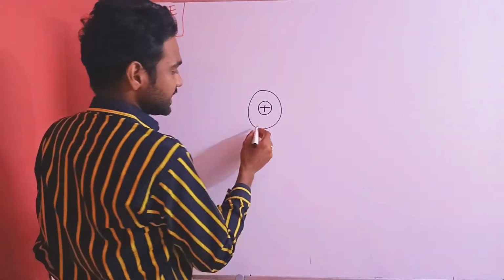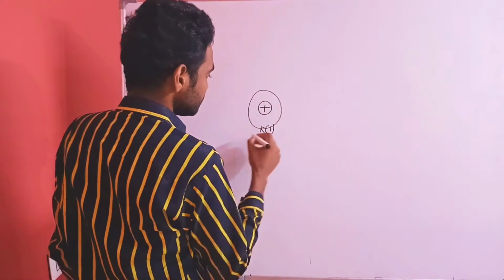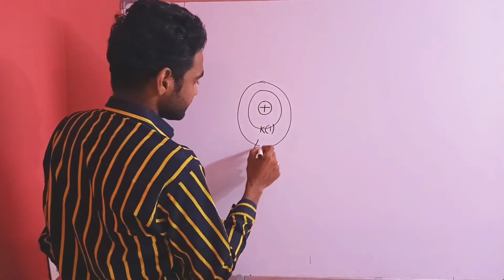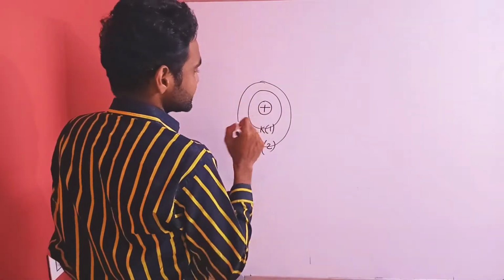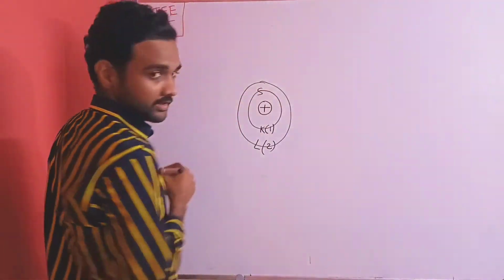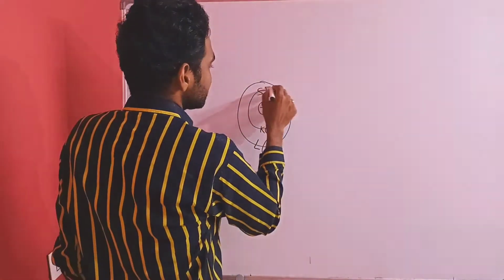It is the K shell, the first shell. Now the second shell is the L shell. In the K shell, one subshell is there, called the s subshell. In this subshell, one orbital is there, called the s orbital.